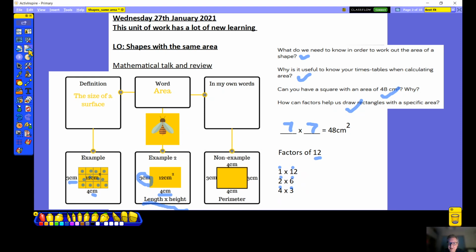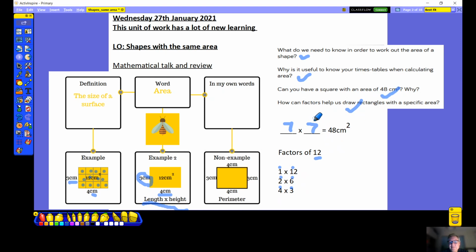Okay, so you're telling me that 7 7s aren't 48. What 7 7s are? Okay, 7 7s are 49. Well spotted. So can you have a square with an area of 48 centimeters?